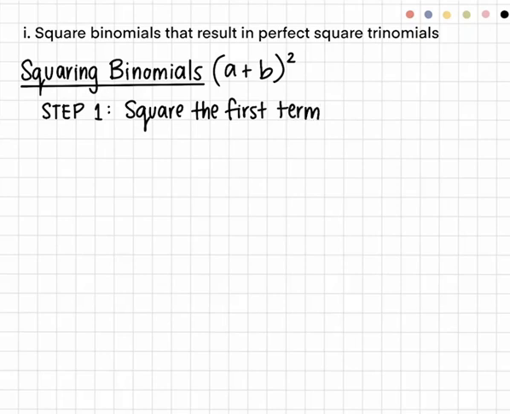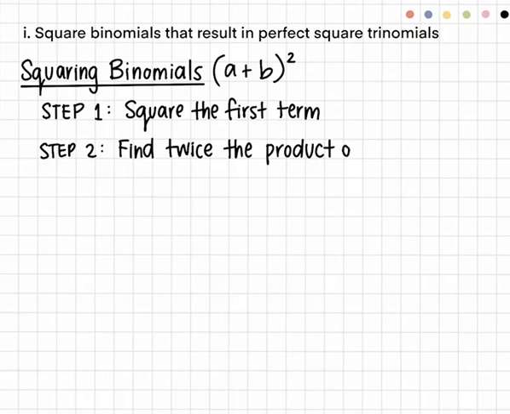Okay, and then in step 2, you're going to find twice the product of the terms.